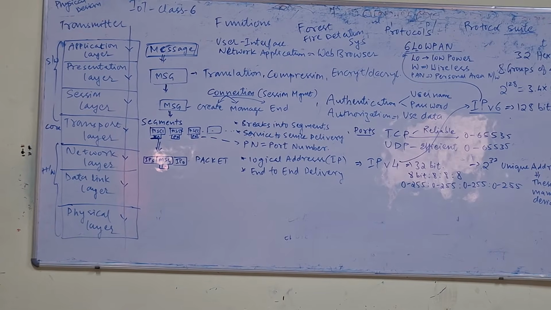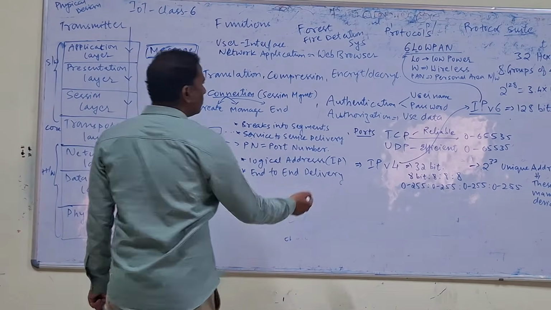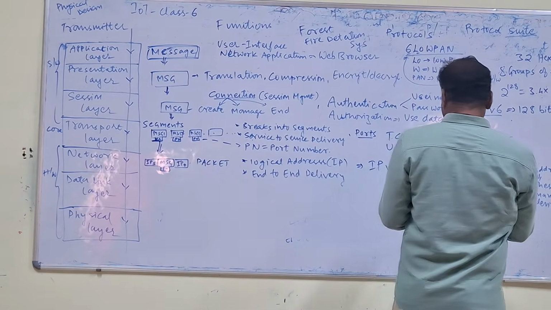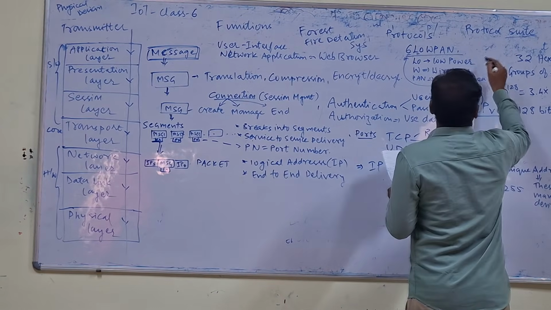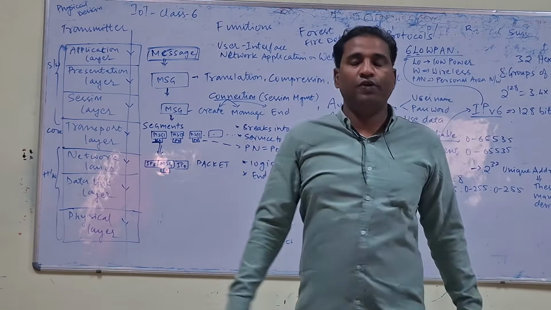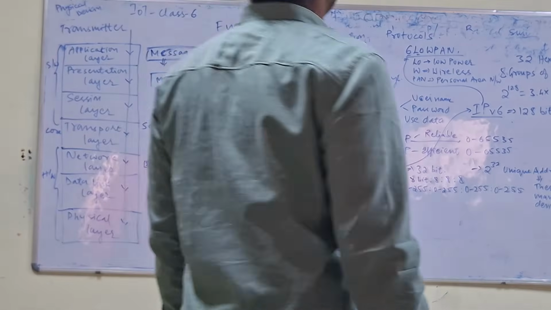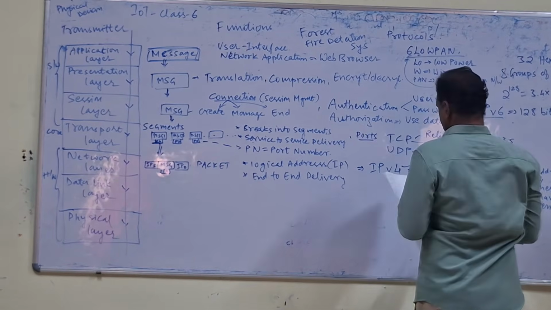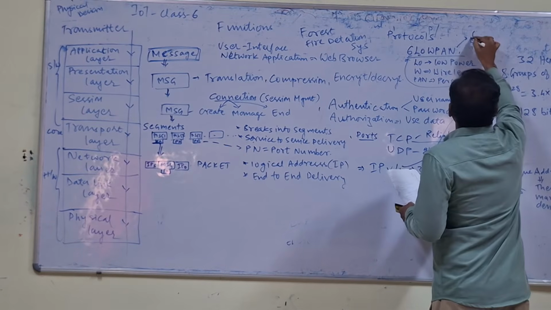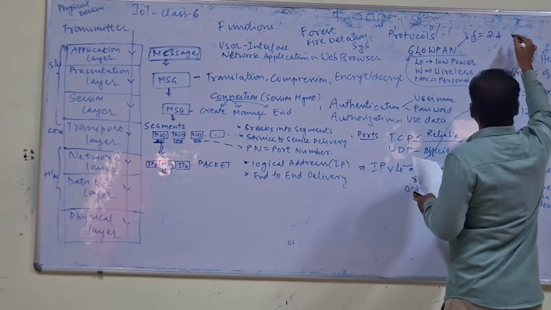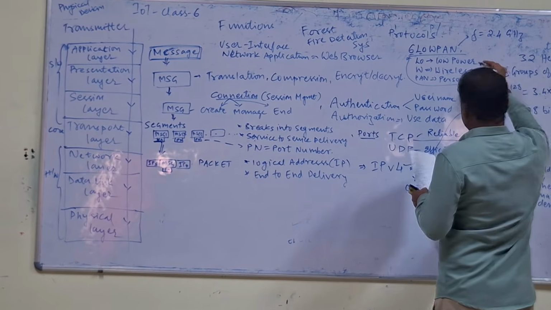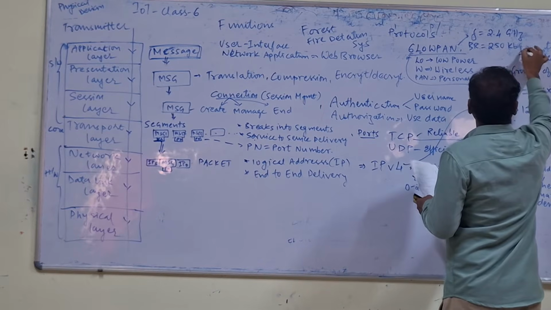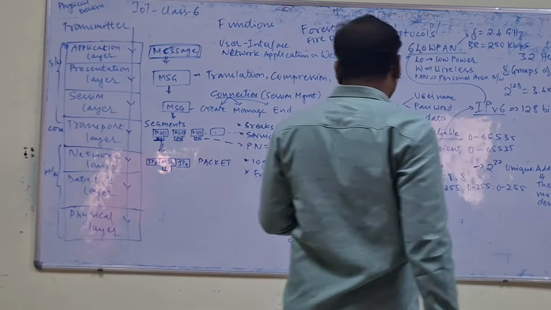Is this clear? Right. So 6LoWPAN. What are other characteristics of 6LoWPAN? It has a frequency of 2.4 gigahertz and a bit rate of 250 kbps, kilobits per second.